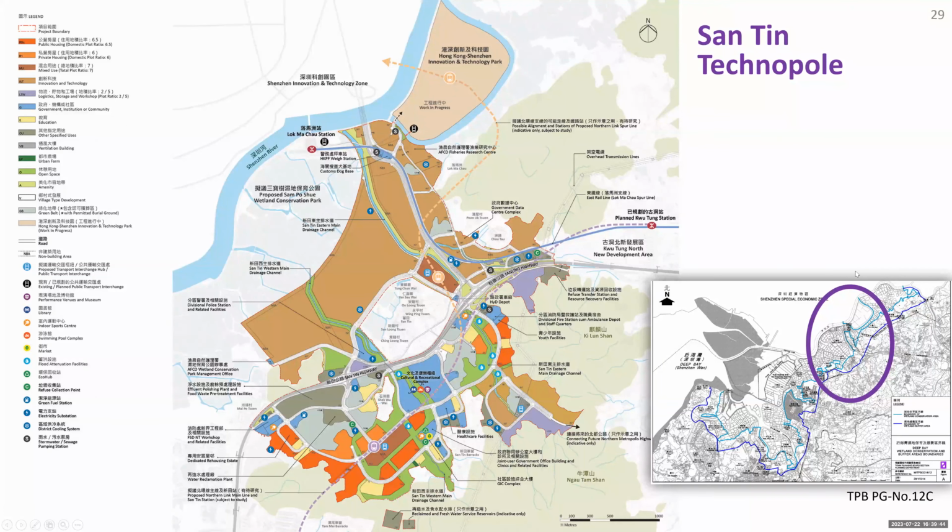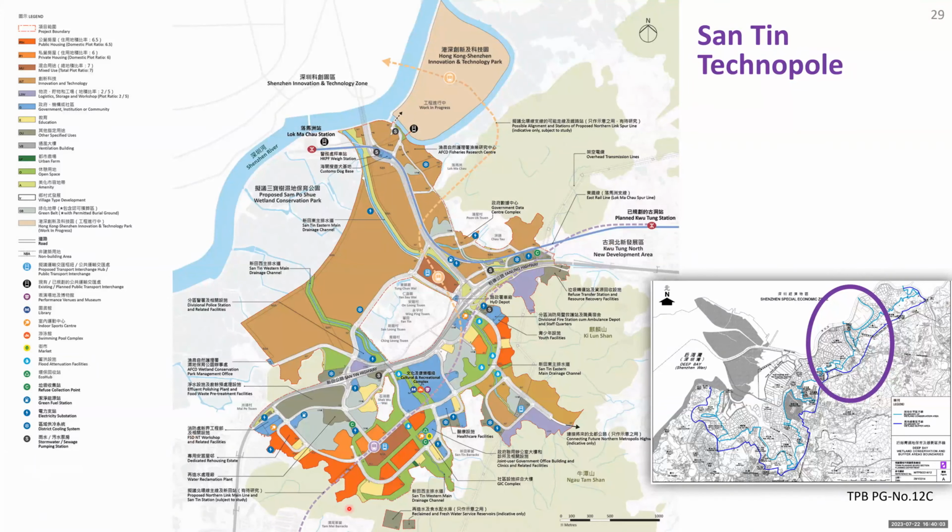So you can see, this is the Hong Kong-Shenzhen Innovation and Technology Park. I hope you can see my, let me see. Okay. And this is the Sentient Technopole, this whole area.